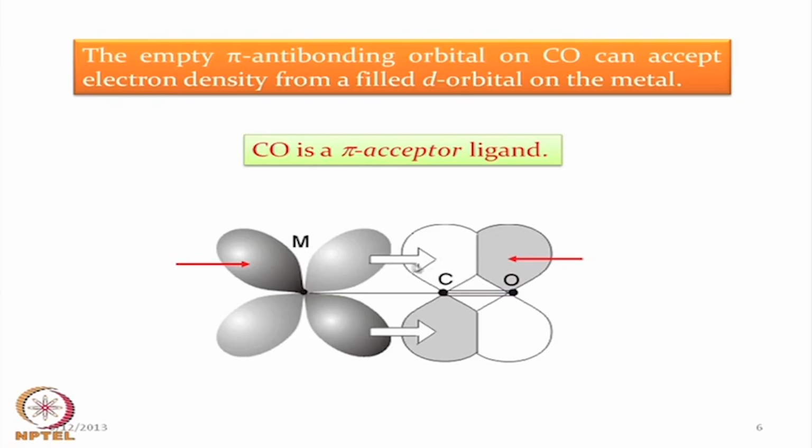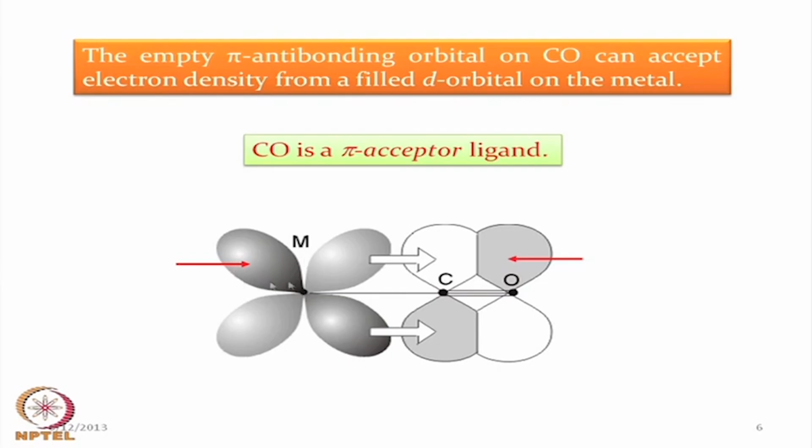Since we do not have the matching symmetry otherwise, this is the pi star orbital we have shown just now. And since the carbon atom is bonded to the oxygen atom, they are not going away to a long distance. Only, due to this antibonding, if we have electron density in this antibonding level, our bond order is changing. We all know that if electron density is there in the antibonding level, the CO bond order will be diminished.